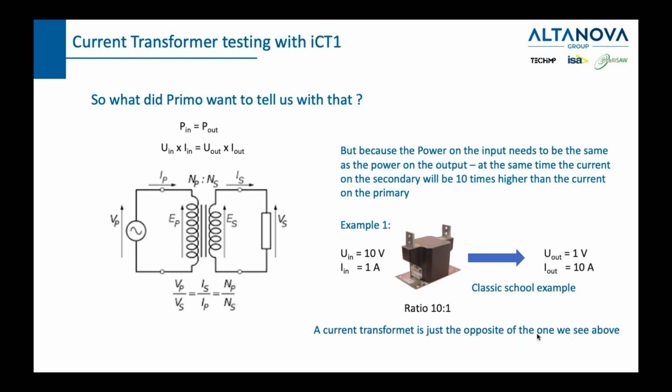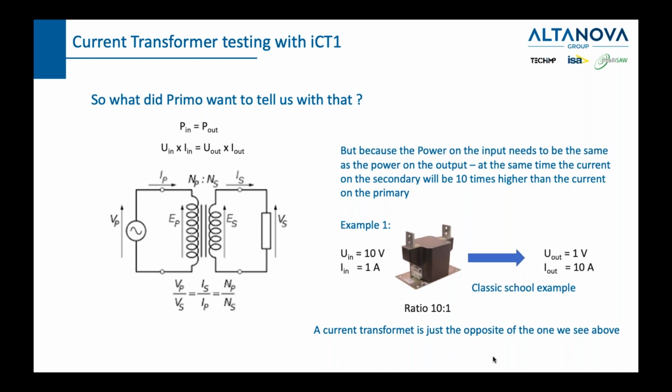Coming back to this topic, because the power on the input of the current transformer, voltage transformer and power transformer needs to be the same as the power on the output, at the same time the current on the secondary will be 10 times higher than the current on the primary.